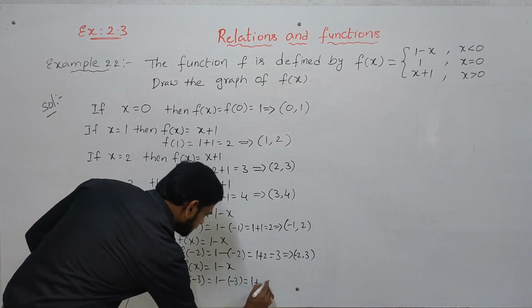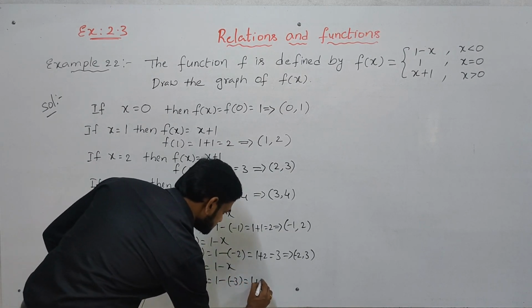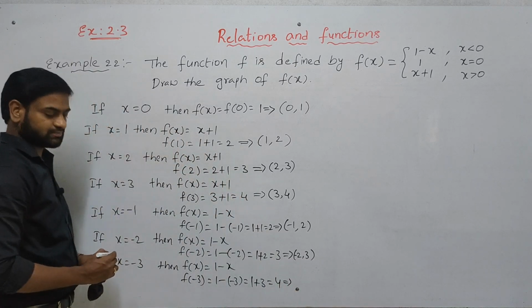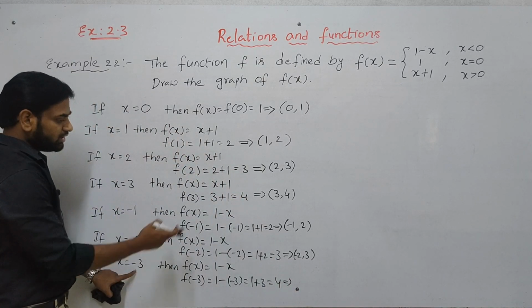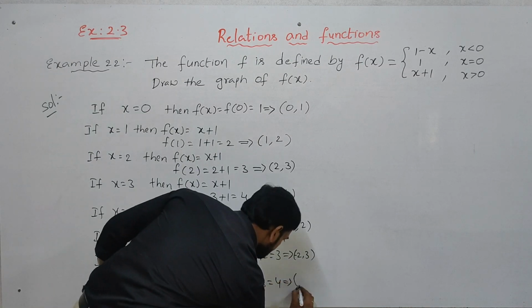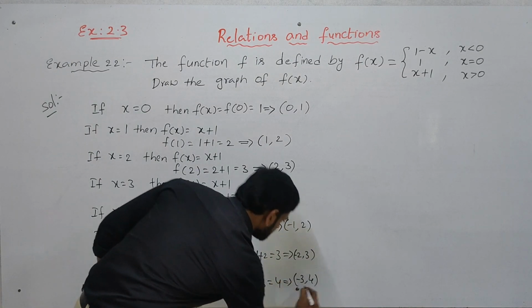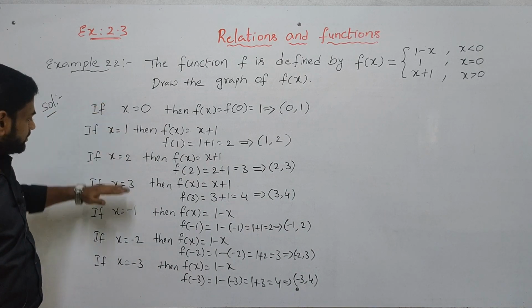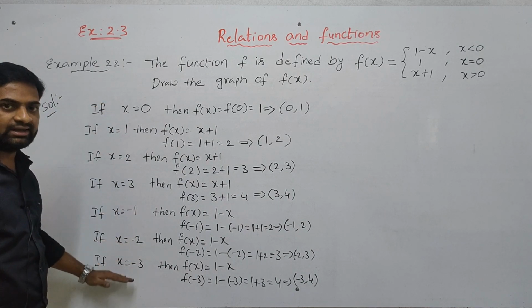So 1 minus into minus plus, 1 plus 3 is 4. The point is minus 3 comma 4. So x equal to 0, positive side and negative side.